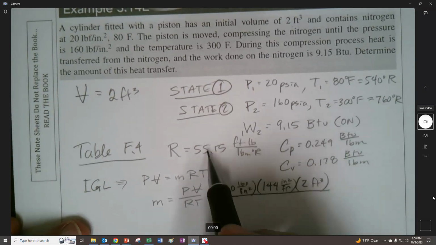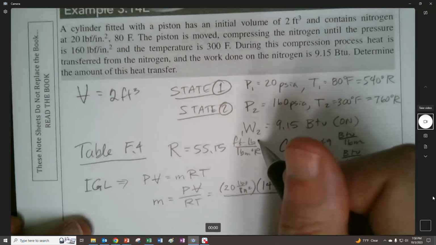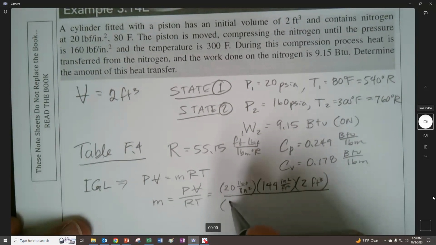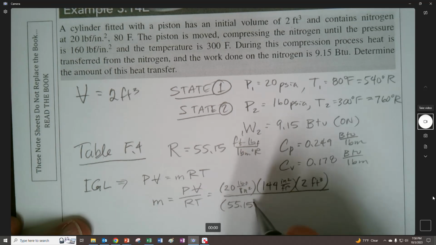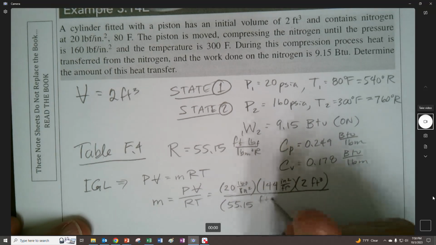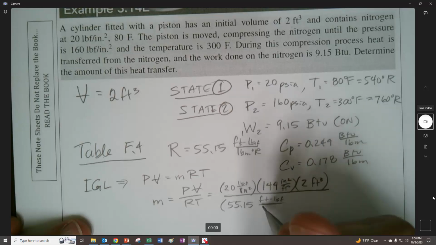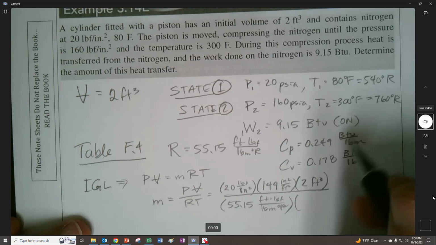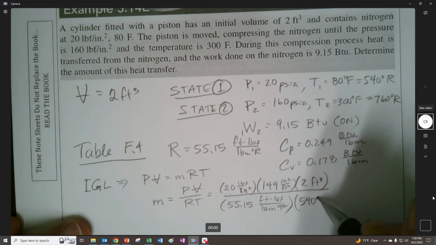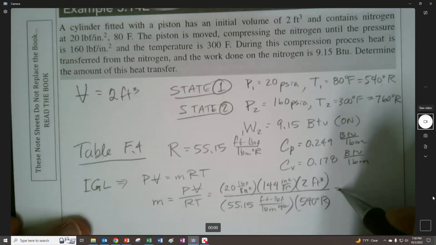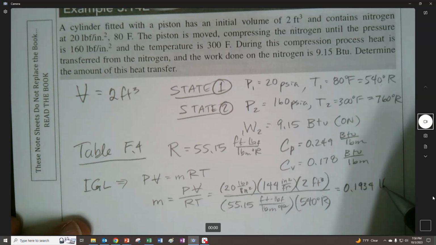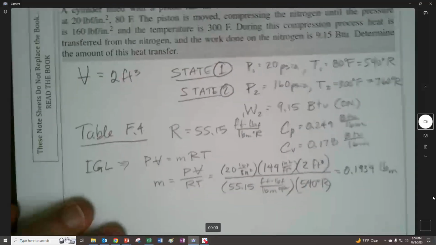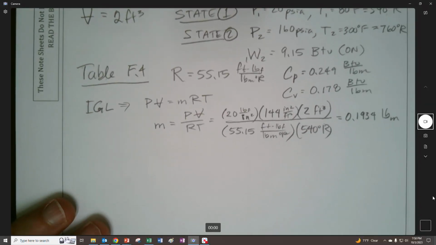And R already has feet and pounds. Put an F next to that if you wanted to. 55.15, and stick the units in there. And then we can put in our 540 degrees Rankine. And so for the mass, we have 0.1934 lbm, pounds mass. Yay for us.